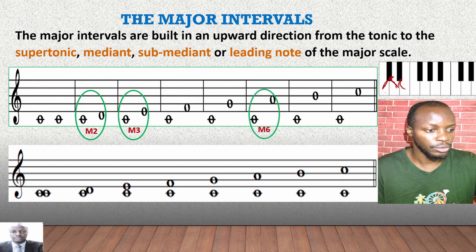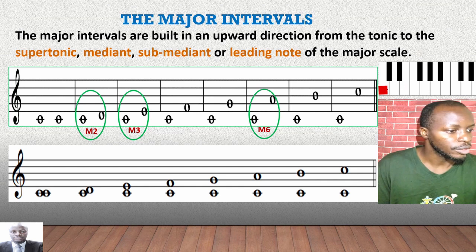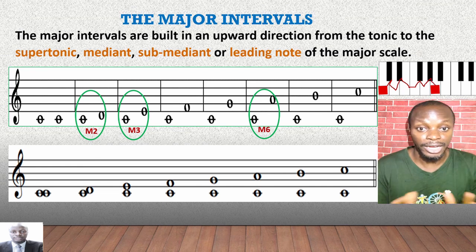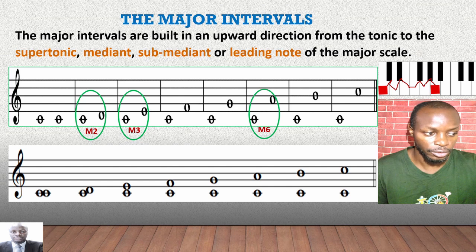Let's discuss other major intervals. The interval built on the sixth is also a major interval, right? So in this case, from C to A, right? Let's see the interval: 1, 2, 3, 4, 5, 6, 7, 8, 9. So we have 9 semitones in a major sixth, right? But the number of notes between them is just 1, 2, 3, 4, 5, 6.